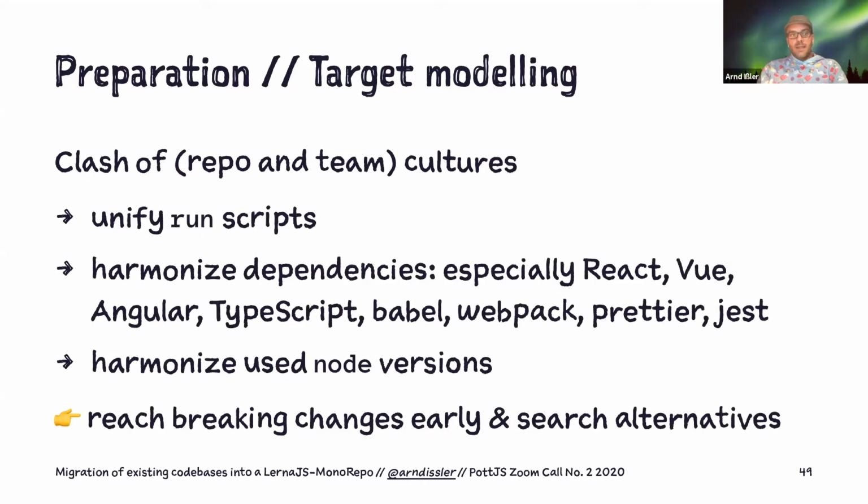So also, a clash of repo and team cultures is that you have different styles of maintaining run scripts. Normalizing and unifying the run scripts is often a point where people are picky.